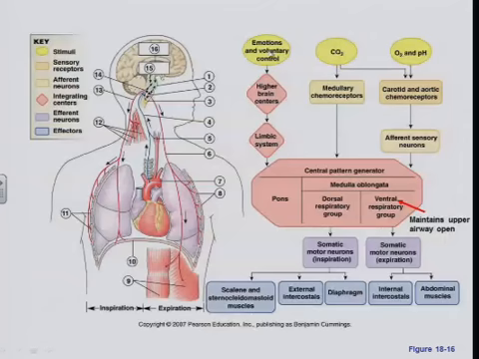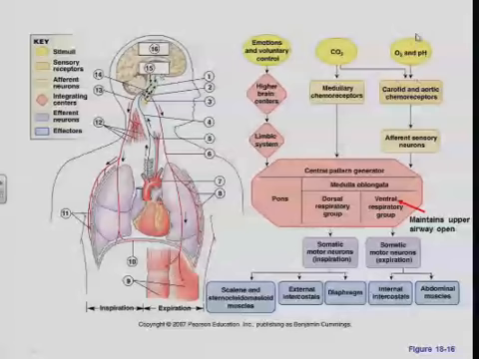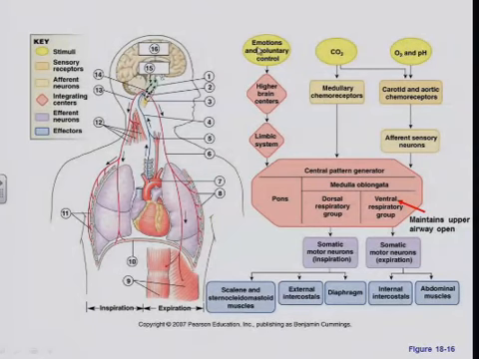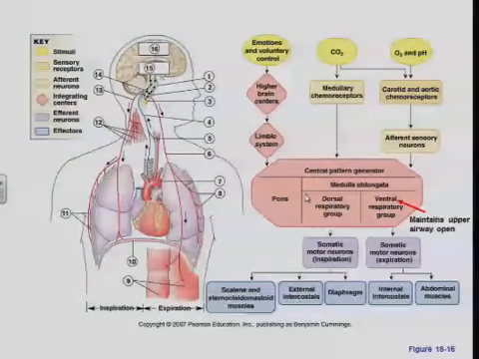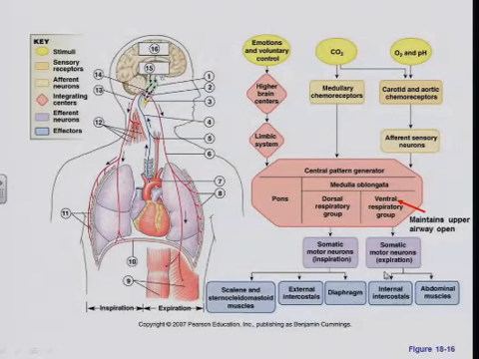Of course, we talked about regulation more recently. CO2 is a primary regulator of respiration in the central chemoreceptors, and oxygen is the primary regulator in the peripheral chemoreceptors. Remember, all of these inputs come into the central pattern generator in the medulla and the pons, but it's the responsibility of the dorsal respiratory group to control inspiratory muscles and the ventral respiratory group to control expiratory muscles.